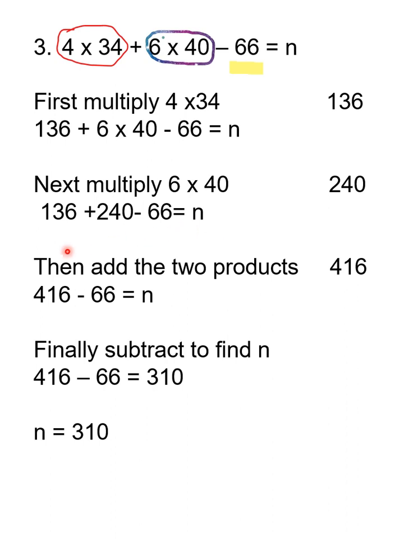Now, add the two products. 136 plus 240 is 416. 416 minus 66 equals n. Finally, subtract to find n. 416 minus 66 equals 310. N equals 310.